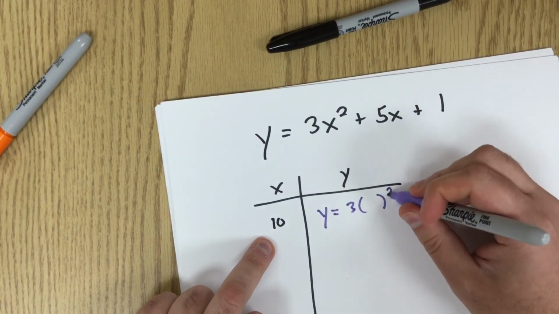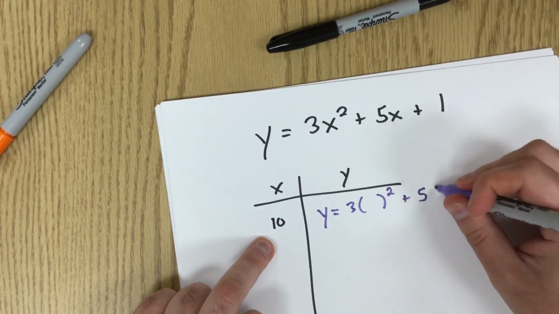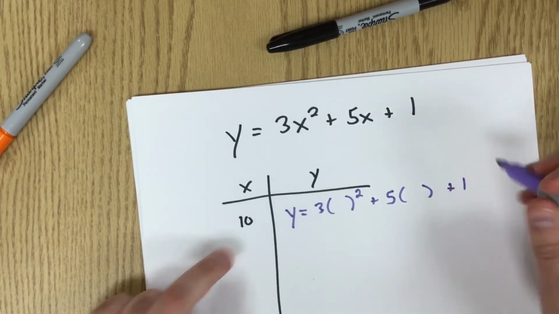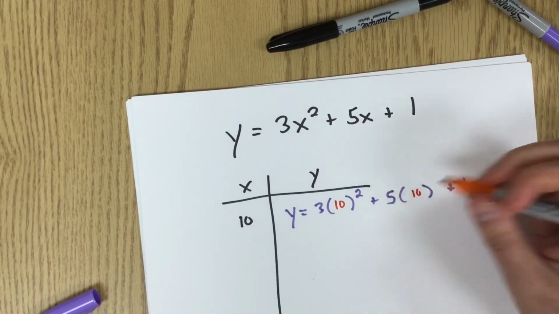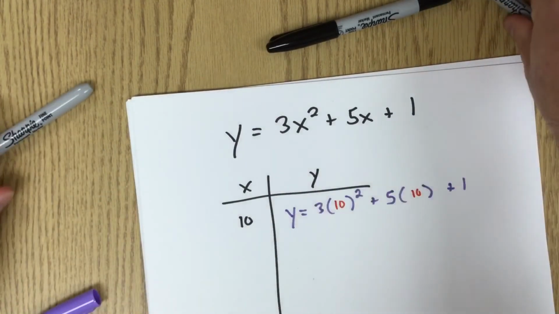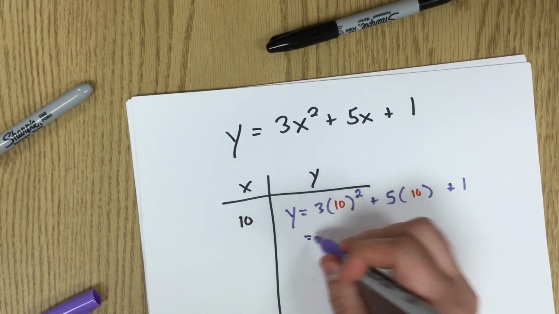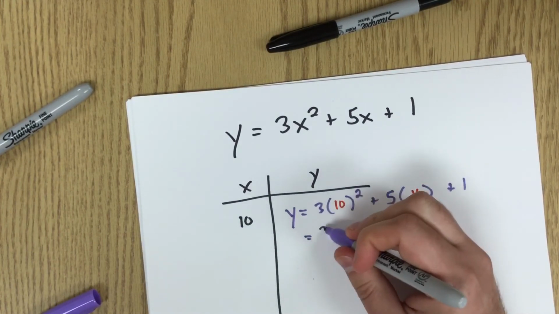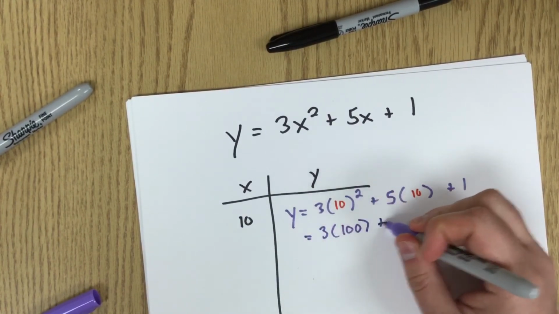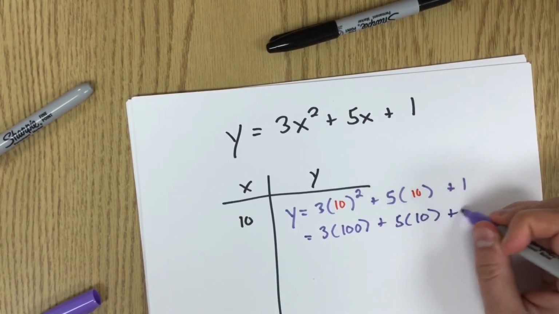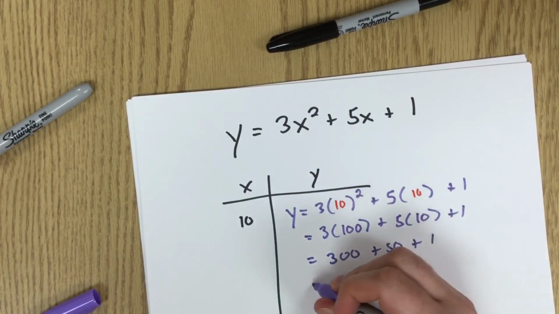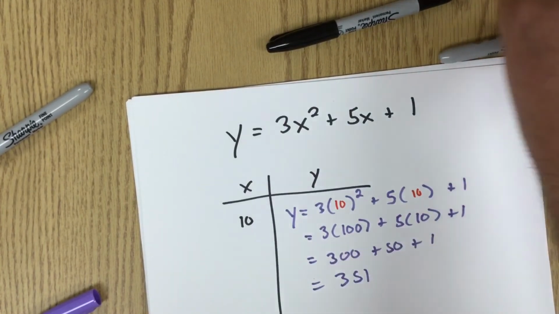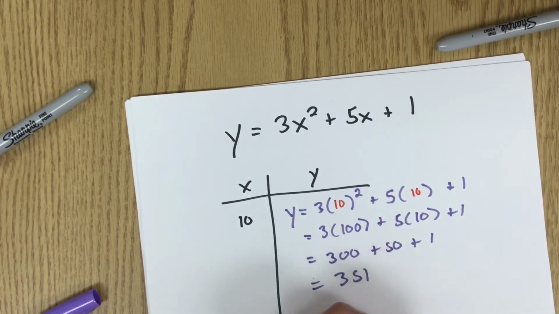So it's going to be something squared plus 5 times that thing you sub in plus 1. So that's going to be 10 squared. So it's going to be 3 times 100 plus 5 times 10 plus 1, which is 300 plus 50 plus 1, which is 351, which means we have the point 10 and 351.